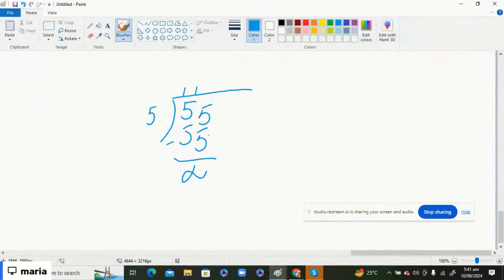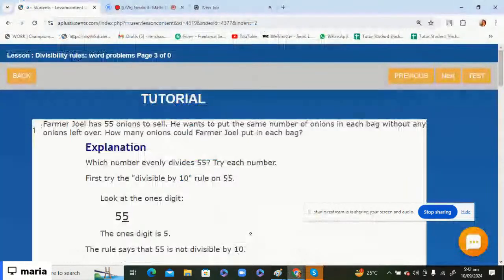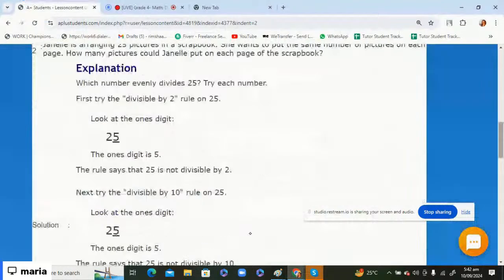And that is the answer. 5 times 11 is 55. Okay? And this is the answer. Is it right? Yes. So 5 is the answer to that question. Understand? Because 2 is not allowed. Like there is no table of 2 in that one.